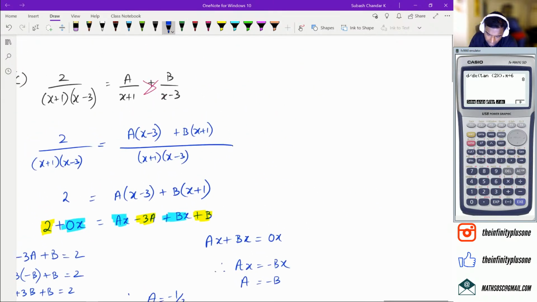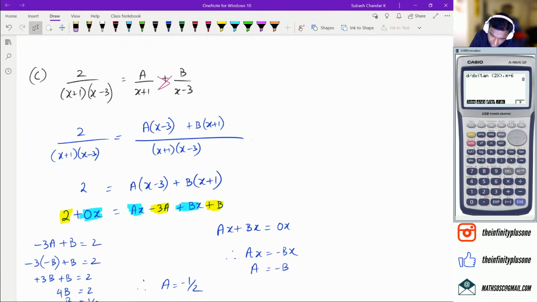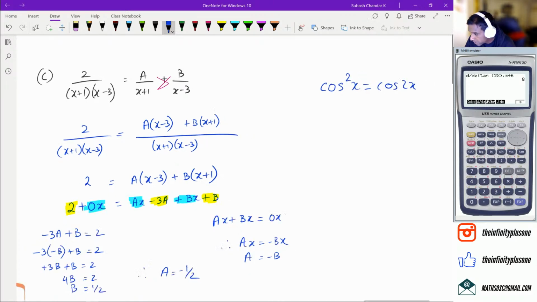Oh, so you're talking about cos squared x equals cos 2x. Is that what you're talking about?